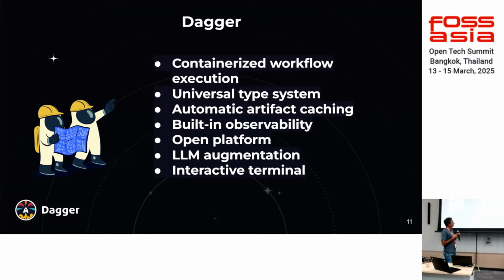The next thing that we have is another one of Dagger's superpowers, which is caching. Every operation in your workflow is cached. That means that when you rerun that workflow, the steps which were the same are cached, and this caching works for LLM calls, API calls, all of that.